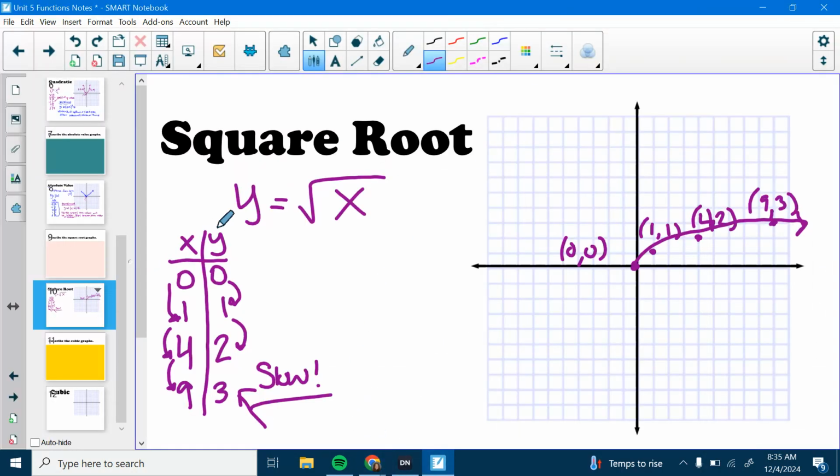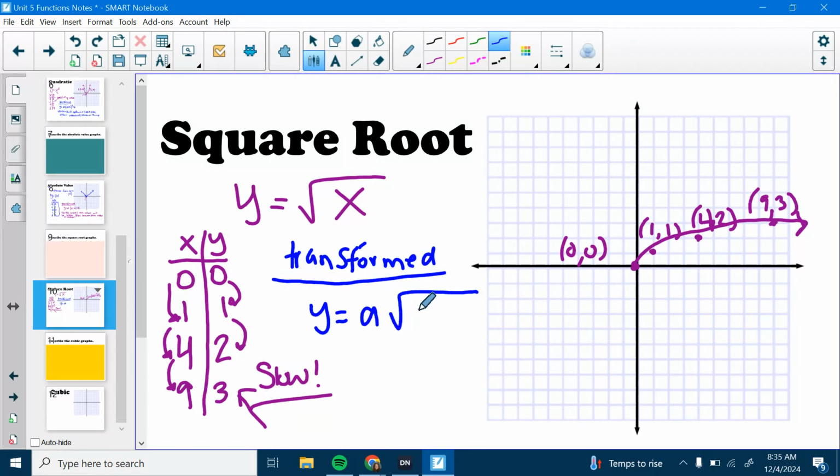Okay, lots and lots of different ways that I can change the stretch of it. So we find that our transformed version of our function is y is equal to a square root of x minus h, and then on the outside we add k. Very similar to what we've done.